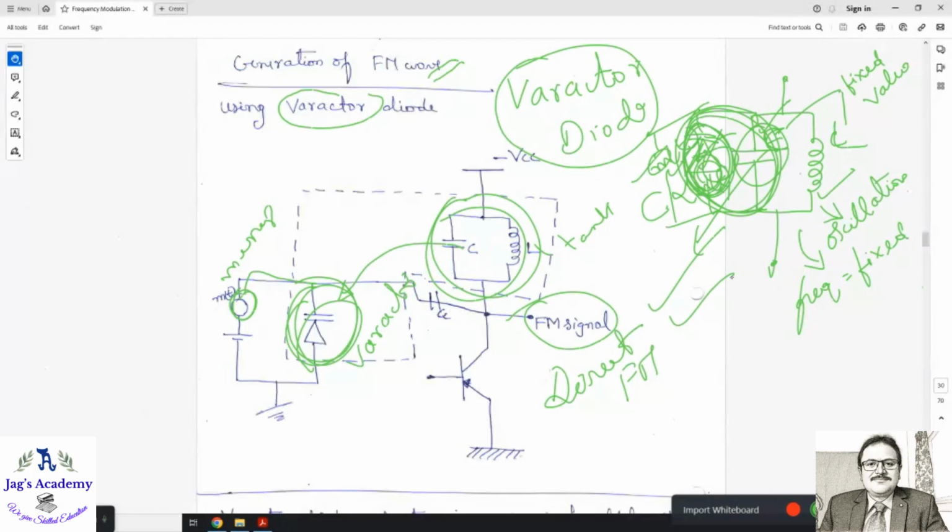If you vary one of the components in that, the capacitance, ultimately your frequency of oscillation will vary, right? Okay.